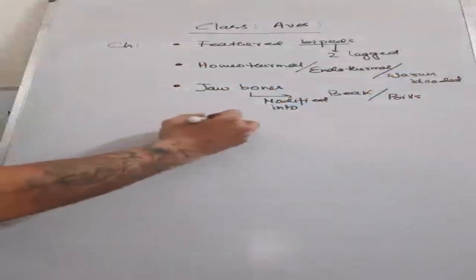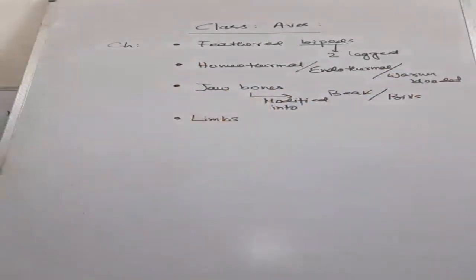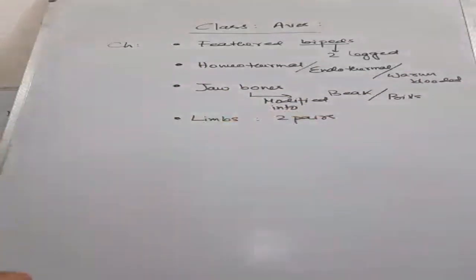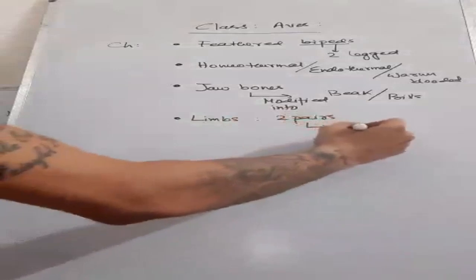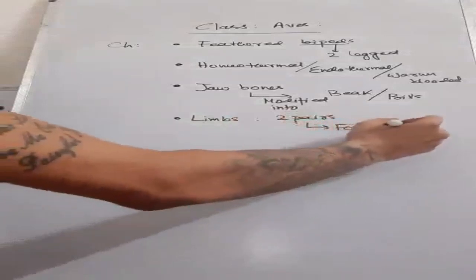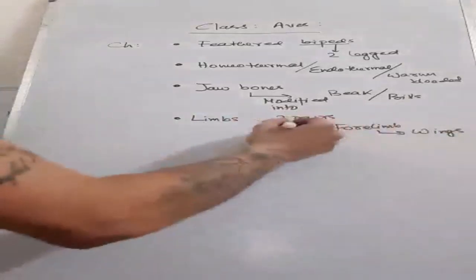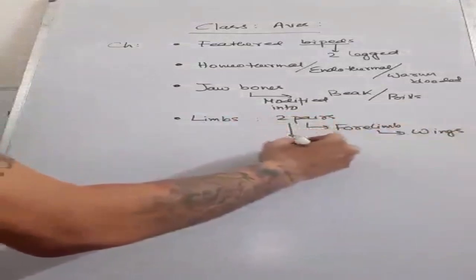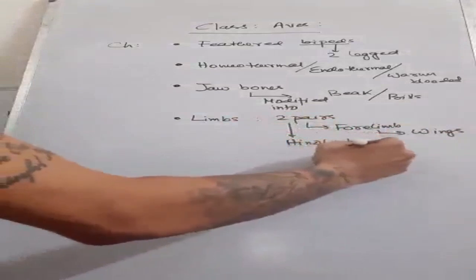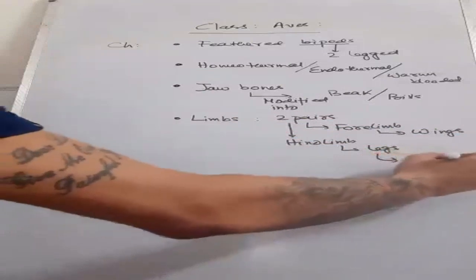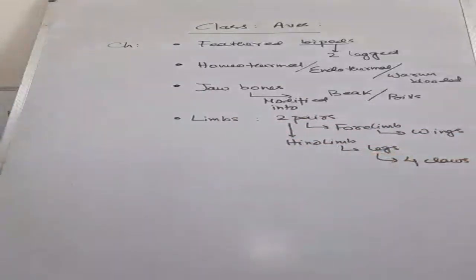They have two pairs of limbs, that is, four limbs. One pair is the forelimbs, which are modified into wings, and the other is the hind limbs, which are called legs. These legs have four digits, and in every digit they have one claw each.